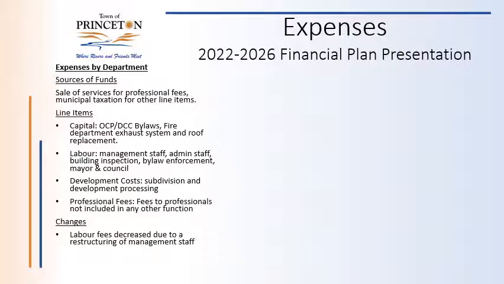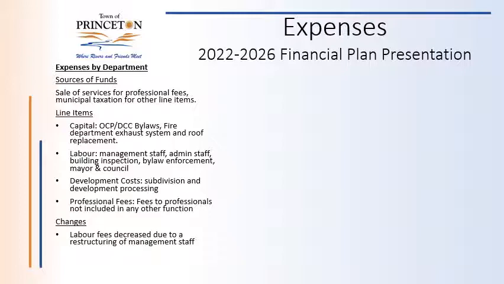So we move on to the expense portion of our financial plan. We have a couple of pie charts coming up that show each department and how they expend funds and where the funding is going.